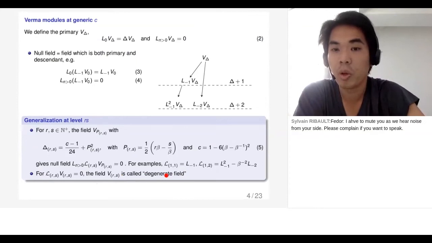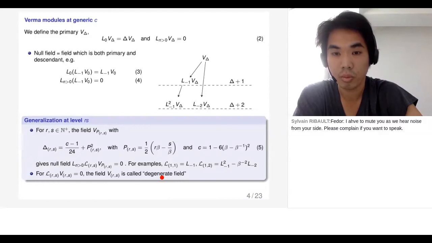Whenever the field is called degenerate, it means that it has a vanishing null vector. Yes, but for example this equation here confuses me, because there is an issue about vanishing two-point function versus the vanishing of all correlation functions. Vanishing of the two-point function is just an algebraic question, but vanishing of all correlation functions is a more subtle thing. One does not imply the other.